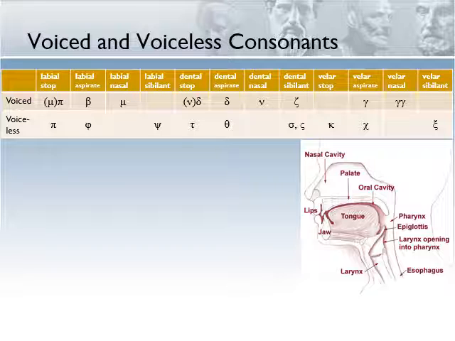And then we can look at the velar stops. The velar stop is kappa, and you'll notice that it is voiceless. K, k. For the velar aspirates, you have two letters. The gamma is a voiced velar aspirate. It has some breath mixed with it.